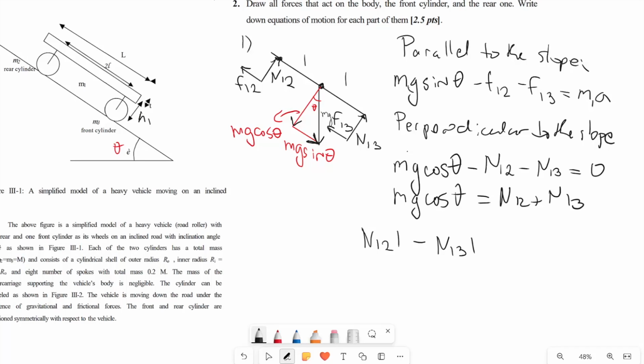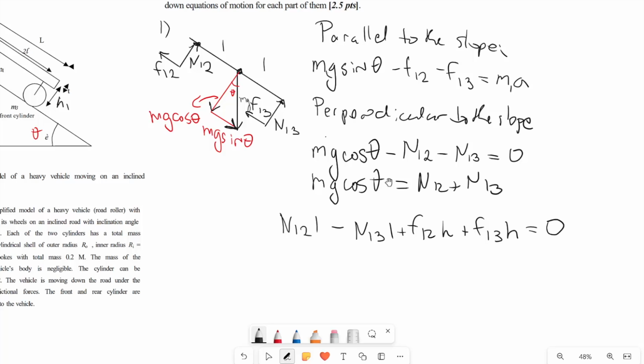So we can say plus F12, then the height h. I think it was called h1. Why is that? Because if this height here is h, this is actually the perpendicular distance from the pivot to the line of action of the force. Those two should actually be in the same direction, so this here will be plus F13, and those should be equal to 0.